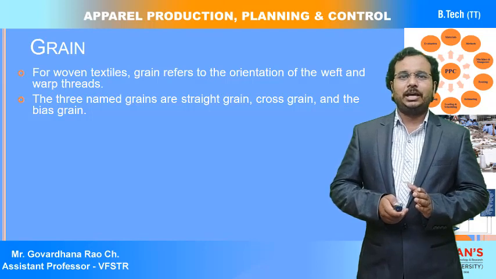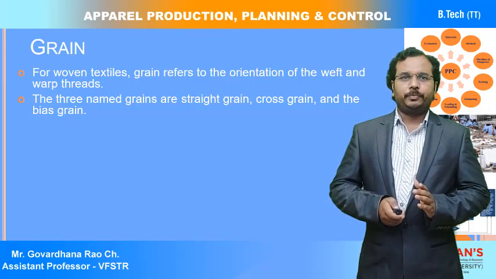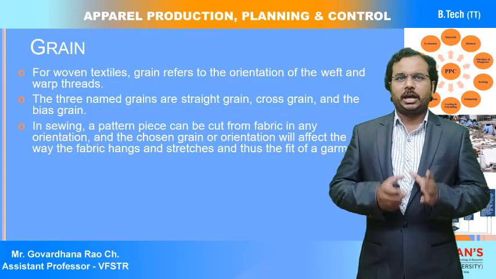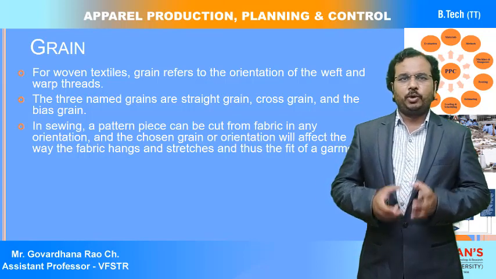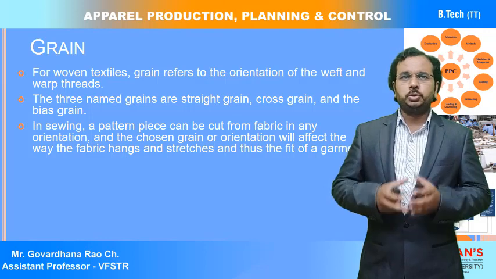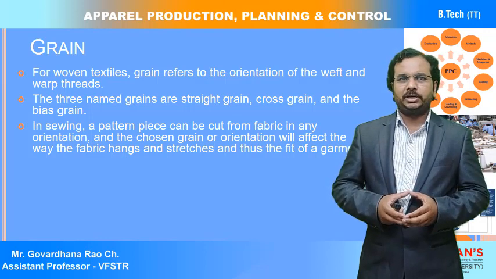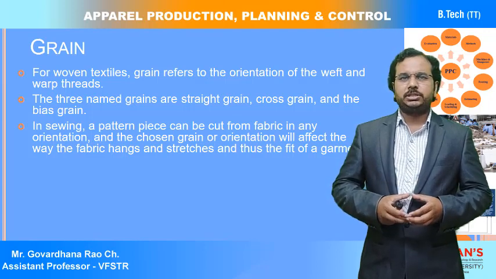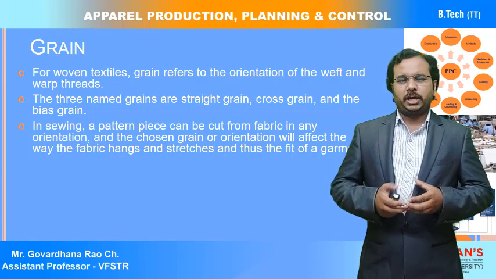In sewing, a pattern piece can be cut from fabric in any orientation, and the chosen grain or orientation will affect the way the fabric hangs and stretches, and the fit of the garment.